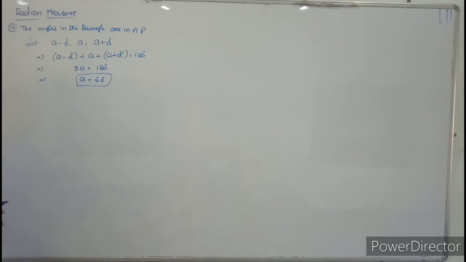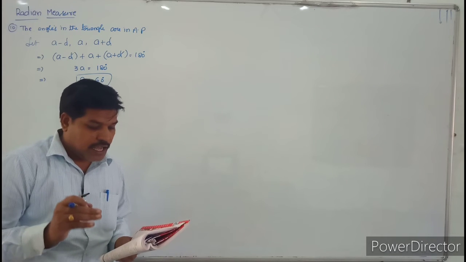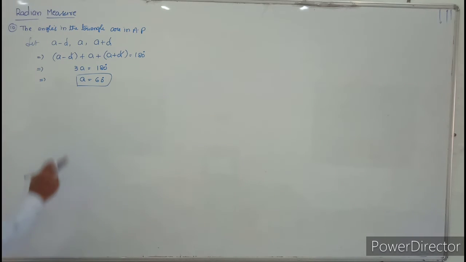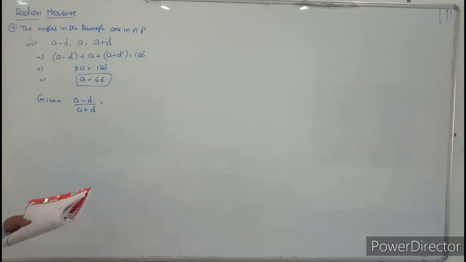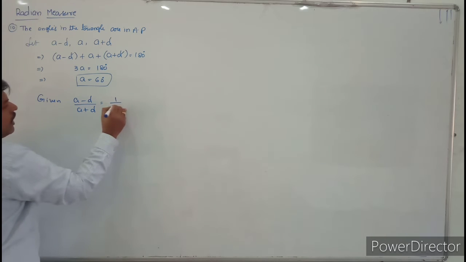And they have given one more condition in the problem. What is that? The least and the greatest angles are in the ratio A minus D by A plus D, what is the ratio, students? 1:3. So that is nothing but 1/3.